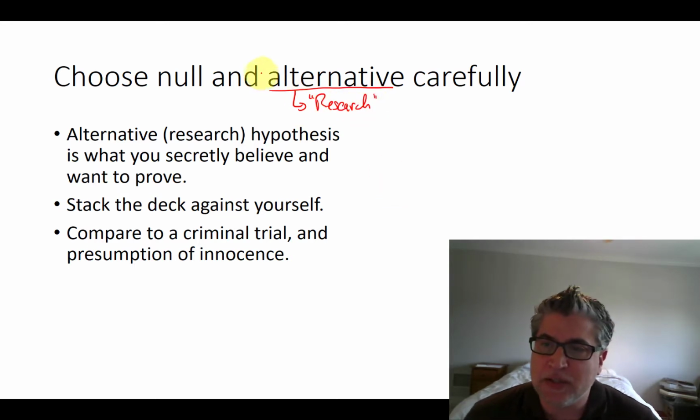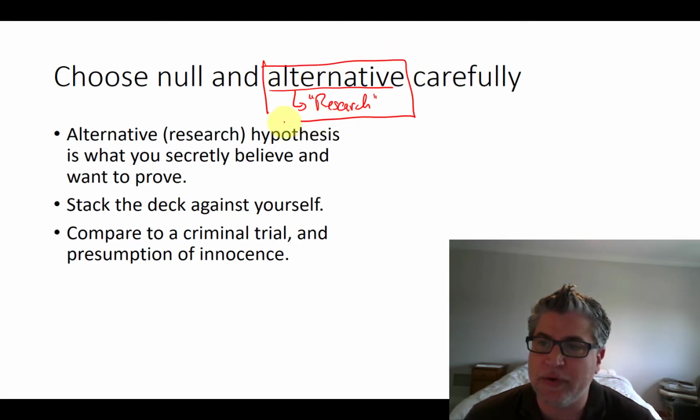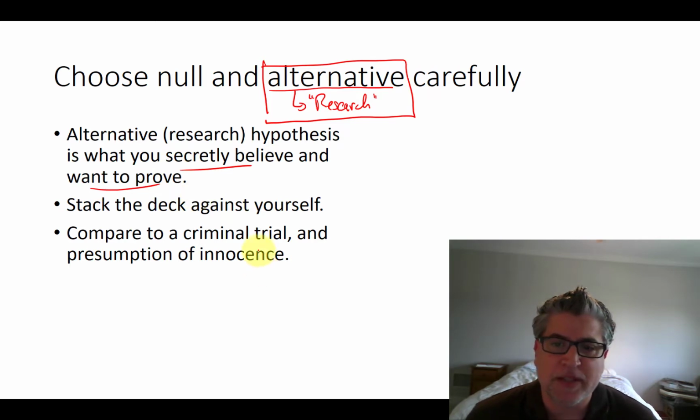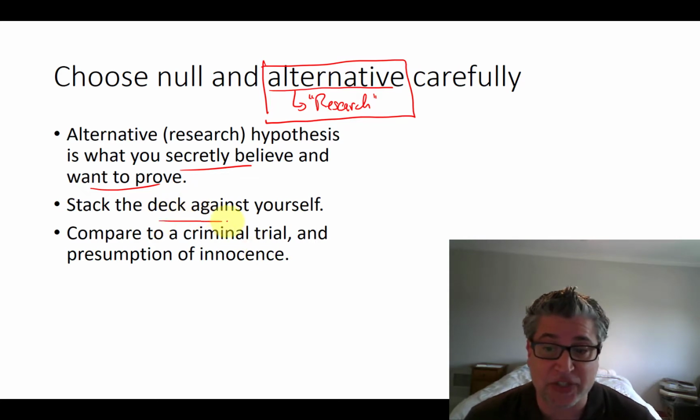The thing is, these two things, alternative, also known as research hypothesis, that's what you secretly want to prove. This is why you have a criminal trial, for example. You have the trial because you secretly believe that the person on trial is guilty. Now you have to stack the deck against yourself and prove that this is true, that the person is guilty.